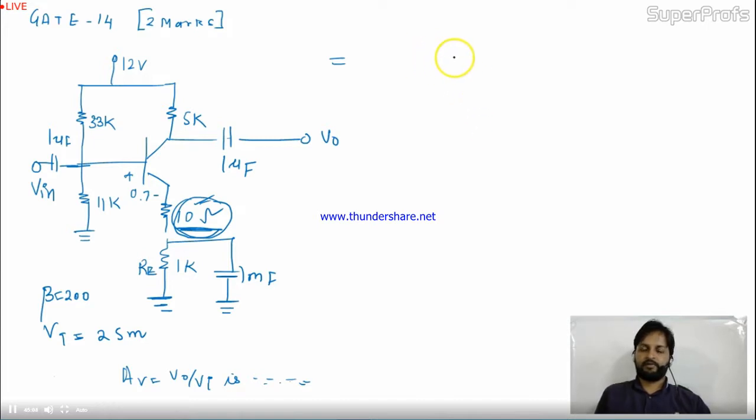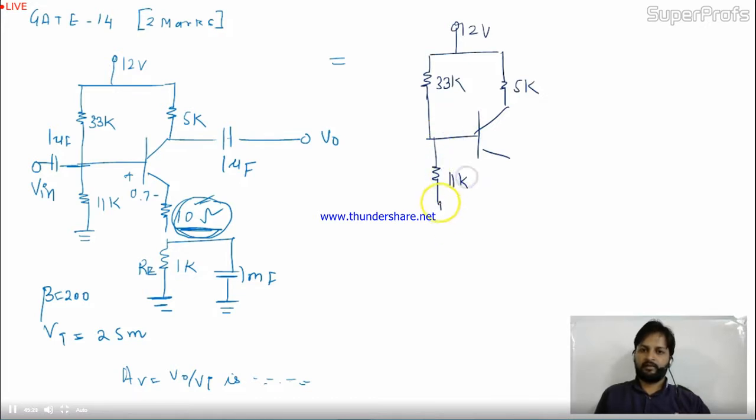The DC part is 12 volt as it is, 33K, 5K, 11K, like this, and here 10 ohm.